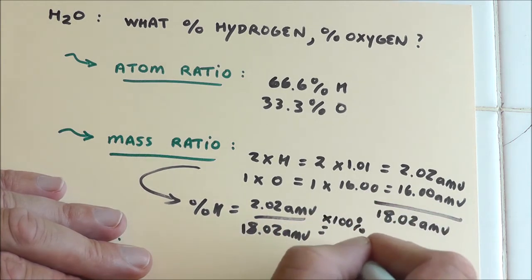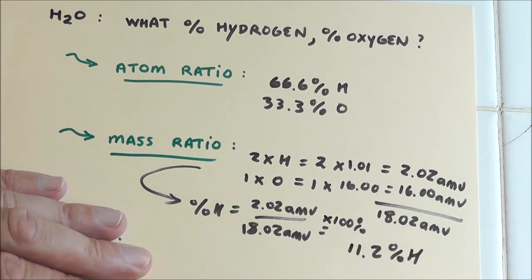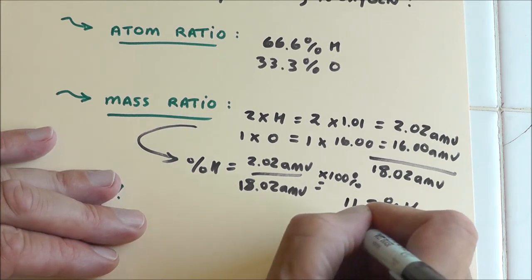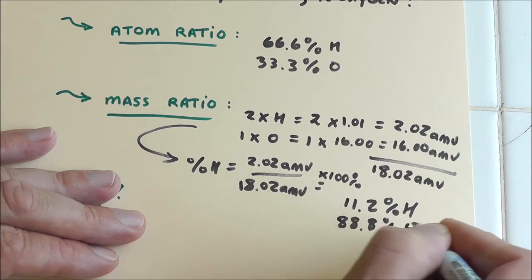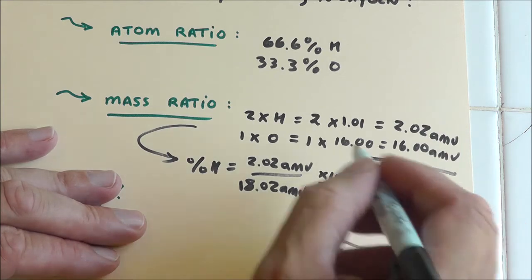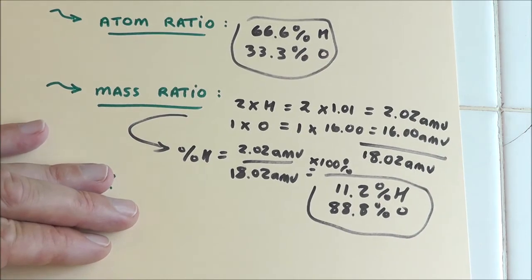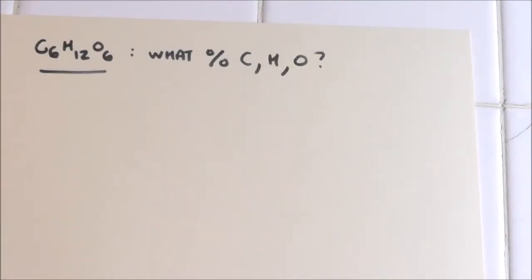It would be 11.2% hydrogen. And then, trusting that I didn't goof up there, I could then say it must be 88.8% oxygen. So which way is right? The answer is yes, both are right. They're just different representations.